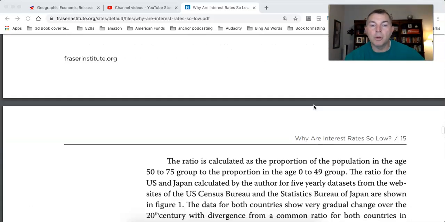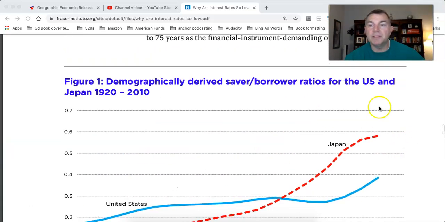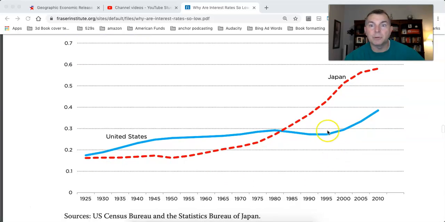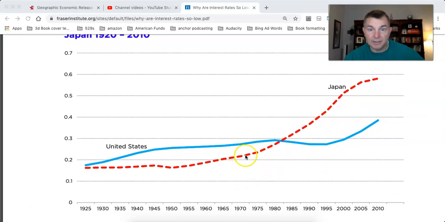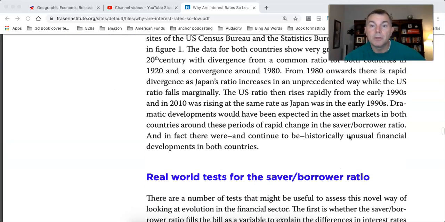So we've got the ratio of the population in the 50 to 75 age group to the population of 0 to 49. And look at that, from 1975 it's just this huge trajectory. The ratio of older people is just growing and growing and growing. For the U.S., it leveled off around 1995, and even with immigration, it's just jumped like crazy. And it gets scarier.